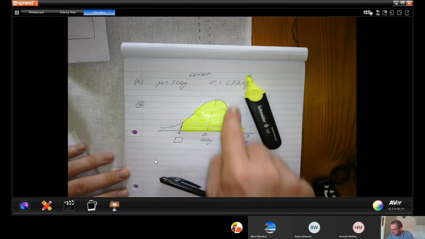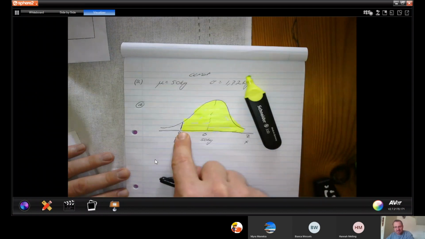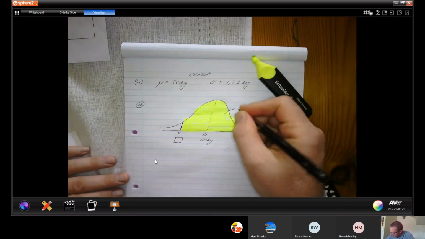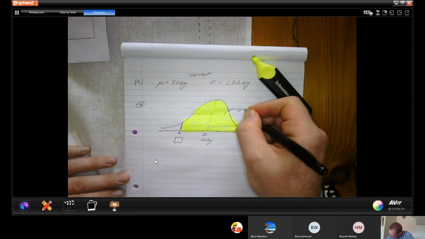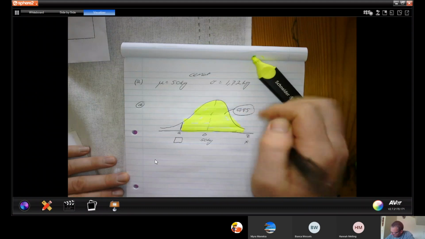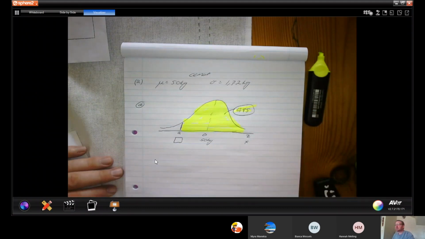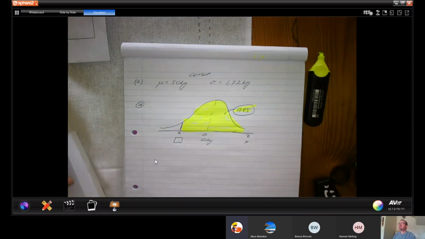These are the cement bags which have got a weight bigger than A. 95% exceed that weight. So what's this whole area here? It must be 95%, which is 0,95. Does that make sense, Eddie? Yeah, that does.